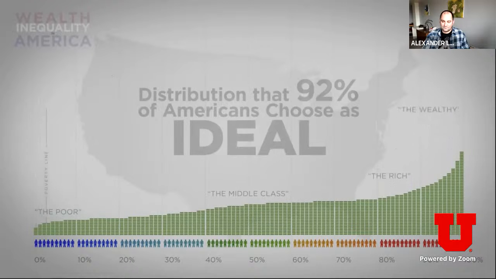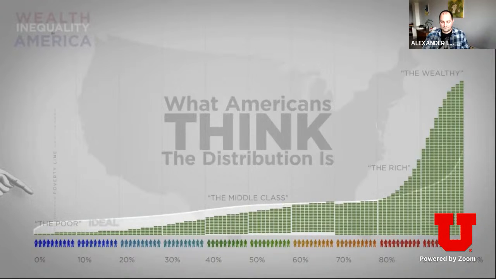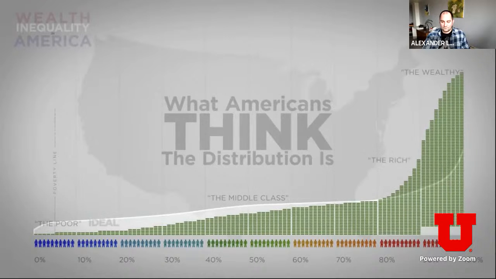But let's move on. This is what people think America's wealth distribution actually looks like. Not as equitable, clearly, but for me, even this still looks pretty great. Yes, the poorest 20 to 30% are starting to suffer quite a lot compared to the ideal, and the middle class is certainly struggling more than they were, while the rich and wealthy are making roughly 100 times that of the poorest Americans and about 10 times that of the still healthy middle class.